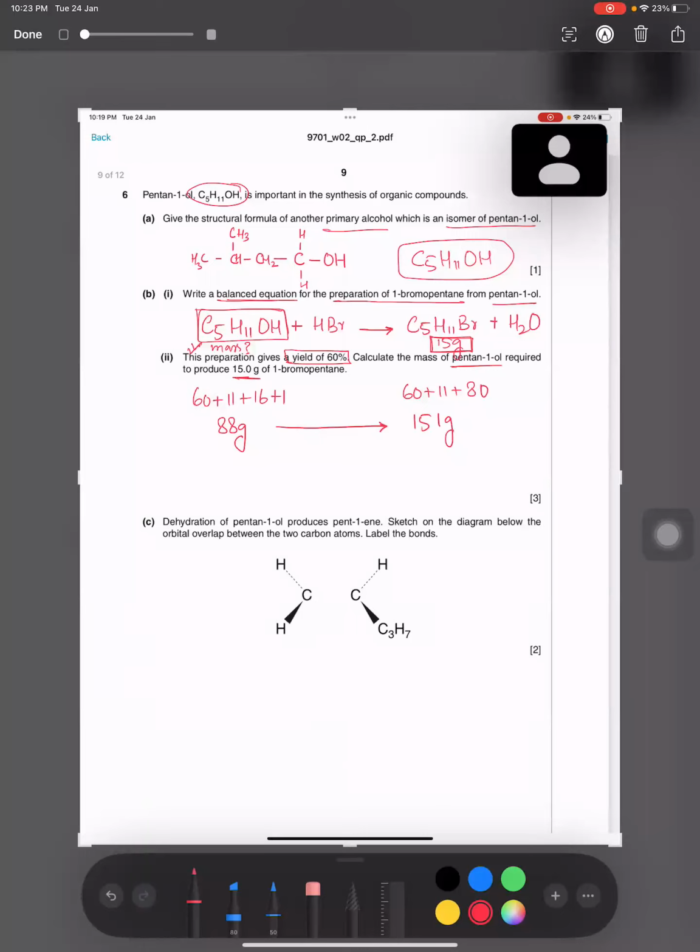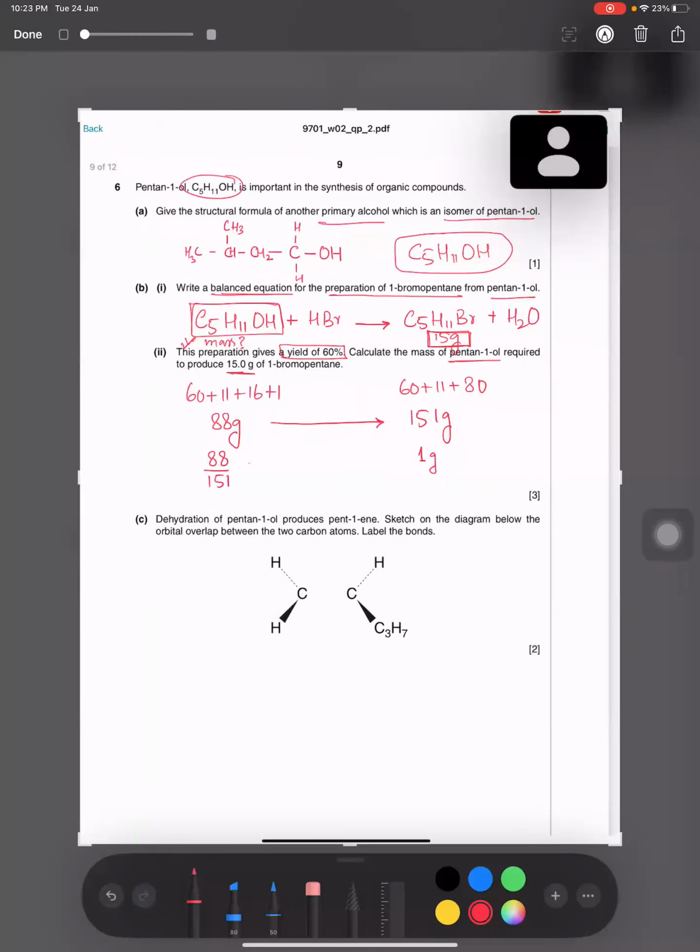इसको हम पहले unitary method में convert कर लेंगे. Unitary method मतलब for 1. So if it would be 1 gram, तो आपके पास कितना alcohol use होगा? It should be 88 over 151. पहले इसको unitary method पे convert कर लें और उसके बाद जितना भी आपको चाहिए आप इसको convert कर सकते हैं. अभी हमें चाहिए 15 के लिए, और ये हमें चाहिए 60%.